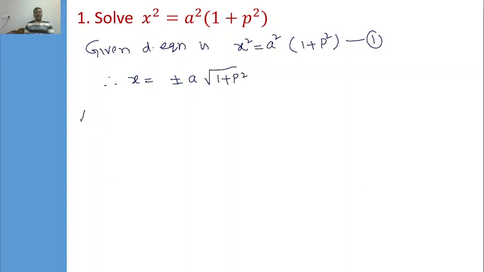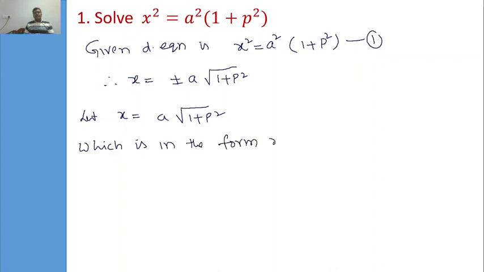Take only positive. Let x equal to a times the square root of 1 plus p square, which is in the form of x equal to f of p.